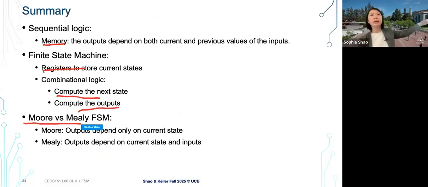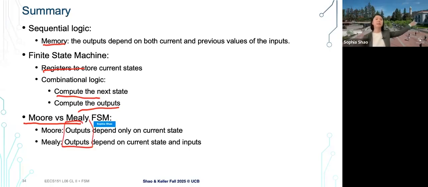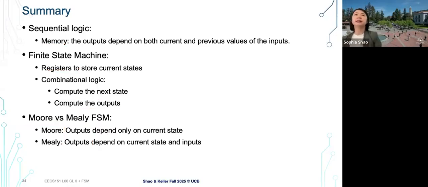Moore and Mealy are very similar in that they both need a state element and both need ways to predict the next state. The key difference is whether the output depends only on the current state or on both the current state and the input. Next lecture, we're going to see how you implement both the Moore machine and the Mealy machine in Verilog, and we'll get started on the RISC-V introduction, so that folks can get started on the pipeline side.